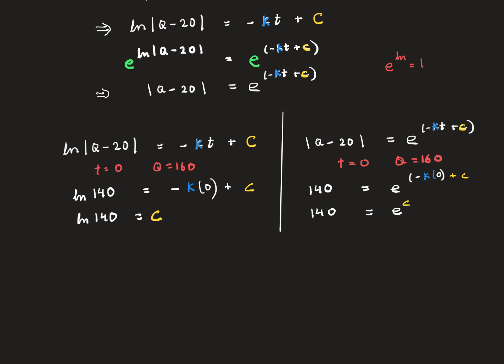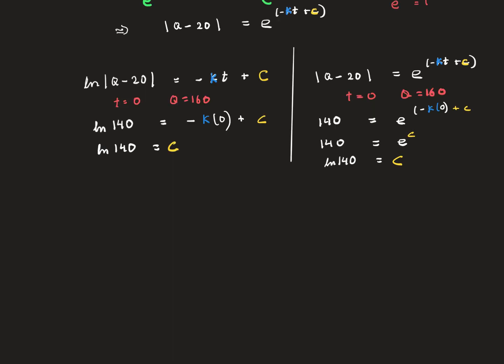All right, so that means it's the same thing as saying that ln 140 is equal to c. So as you can see, we needn't have gone those 2 steps forward as I did, but this is the beauty of maths. Any way you do it, you'll get to it as long as you're doing the right algebraic movements. And now that we know that c is ln 140, we can rewrite this again.